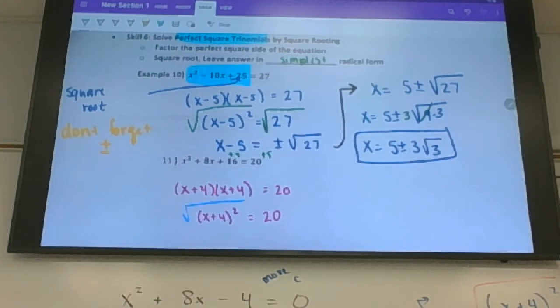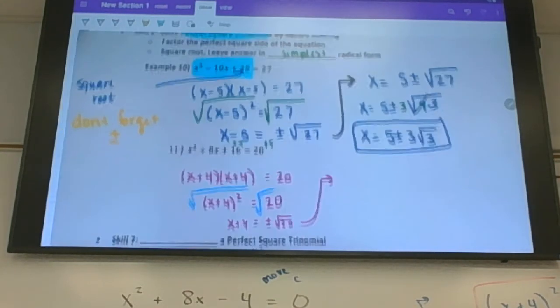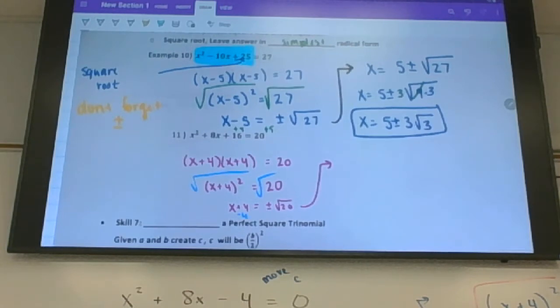Alright, we'll square root the left and the right. X plus 4 equals plus or minus the square root of 20. Subtract 4.